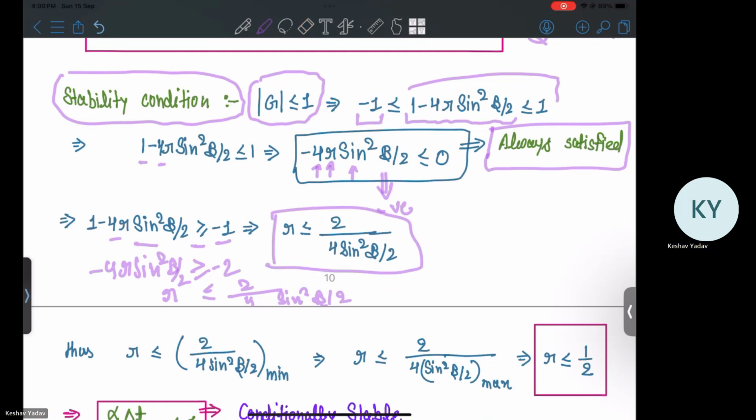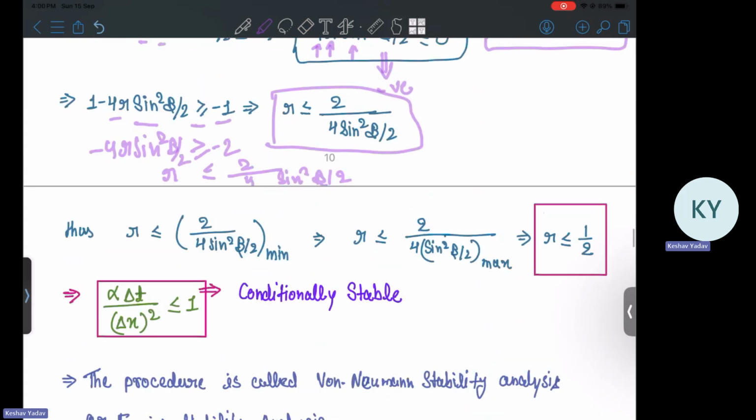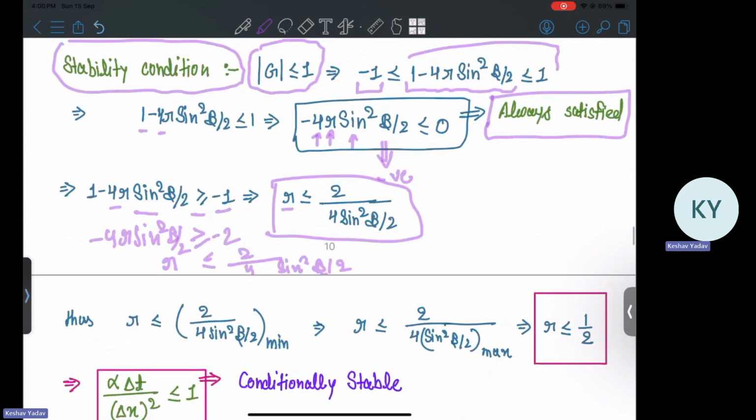Now if we see this expression, it is saying r should be less than some term. If r is less than the minimum value of the right-hand side, then it will be satisfied for all other values that are greater.